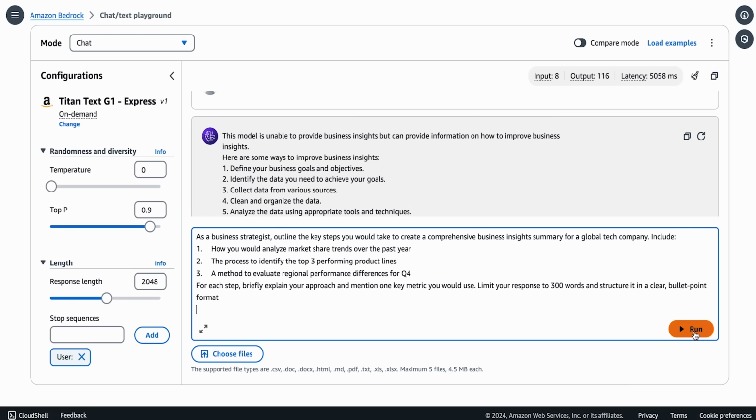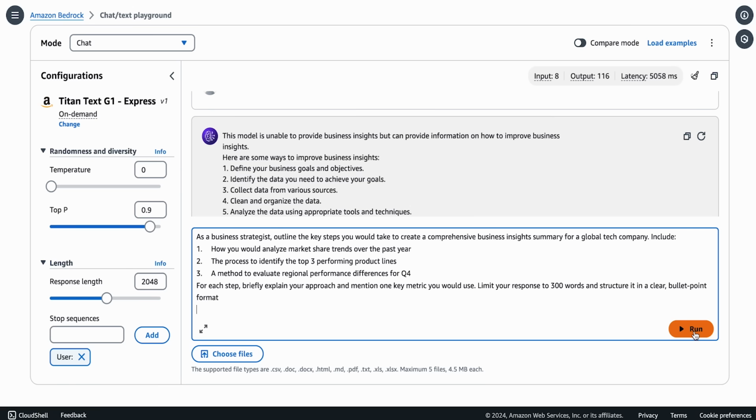Include how you would analyze market share trends over the past year, the process to identify the top 3 performing product lines, a method to evaluate regional performance differences for Q4. For each step, briefly explain your approach and mention one key metric you would use. Limit your response to 300 words and structure it in a clear bullet point format.